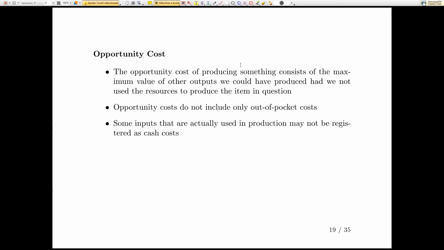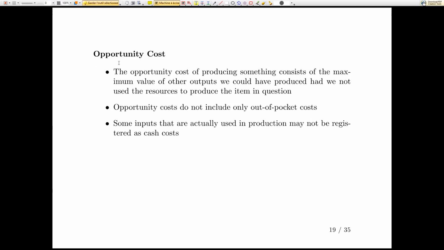It's the value of the next best thing that you could have done but sacrificed because of your choice. It's the maximum value of other outputs we could have produced had we not used the resources to produce the items in question.